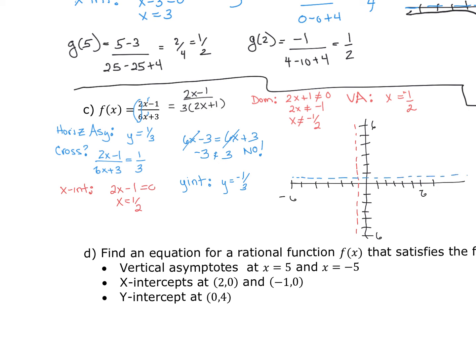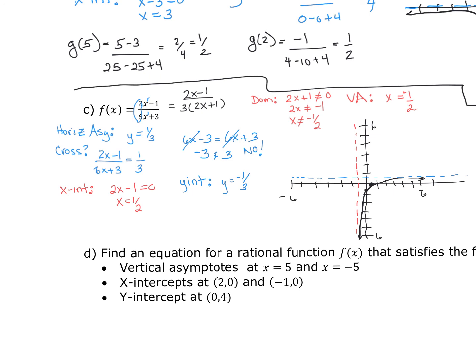I have an x-intercept of 1/2 and a y-intercept of -1/3. So I'm pretty sure that this piece here is going to look like this. And then on the left-hand side, because I don't have any x-intercepts, it cannot be below the blue asymptote, so it's going to have to be above.